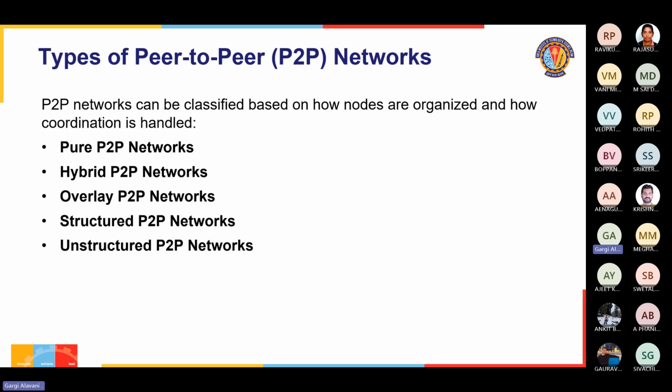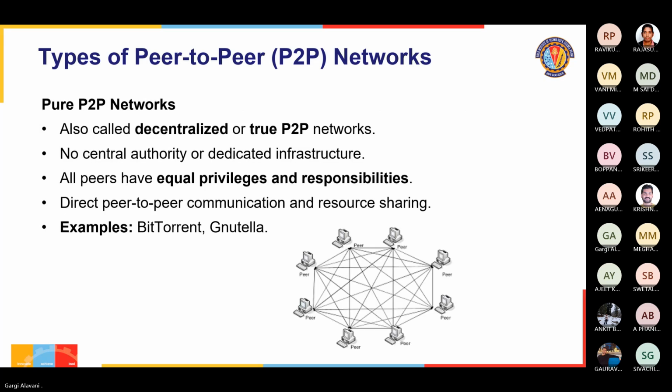So P2P systems can be divided roughly into these types: pure P2P networks, hybrid P2P networks, overlay P2P networks, structured P2P networks, and unstructured P2P networks. The first one is the pure P2P network, which is the most decentralized form of peer-to-peer architecture.